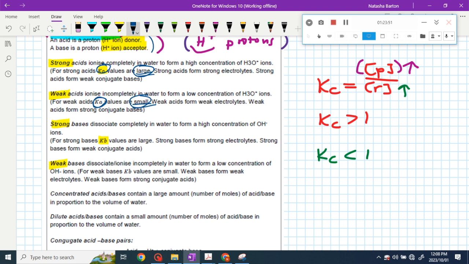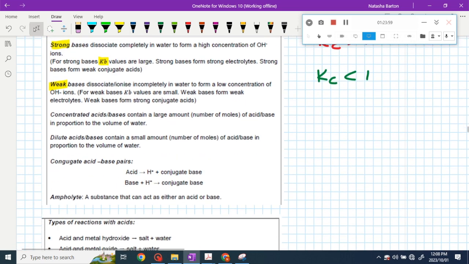Strong and weak do not mean the same thing as dilute and concentrated. Remember that for the rest of your lives, please. Okay. Here I mentioned concentrated acids or bases means a large amount or number of moles of acids and bases in proportion to the water in which they are dissolved.